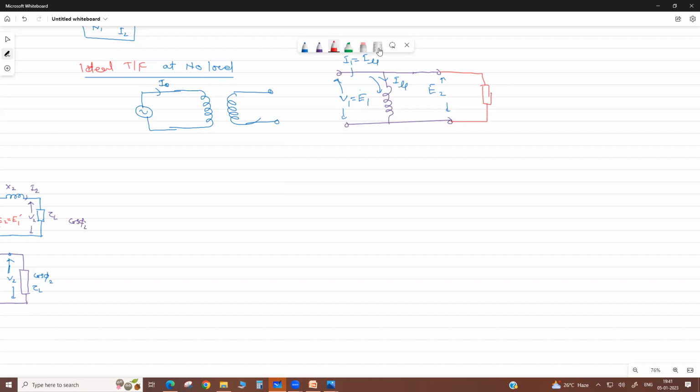The induced EMF is E2, and the terminal voltage becomes V2, but here they are equal because there is no drop and no impedance. Now this is the load current I2. It depends on your load: the power factor may be lagging or leading, or if it is resistive, then it is in phase. But this is the equivalent circuit of the ideal transformer.